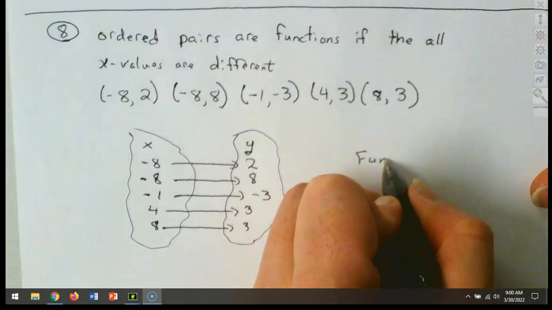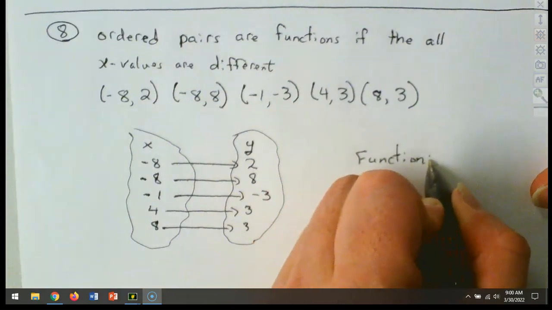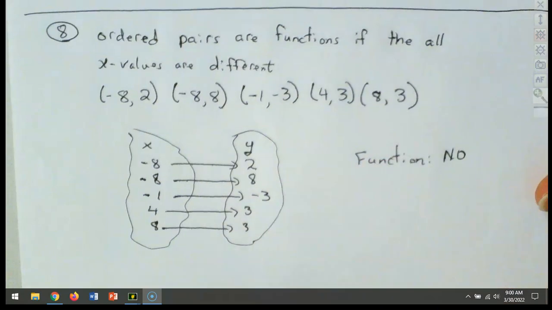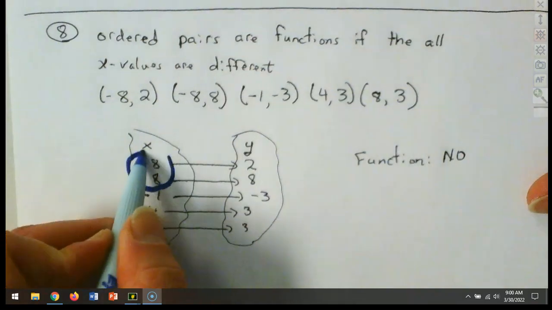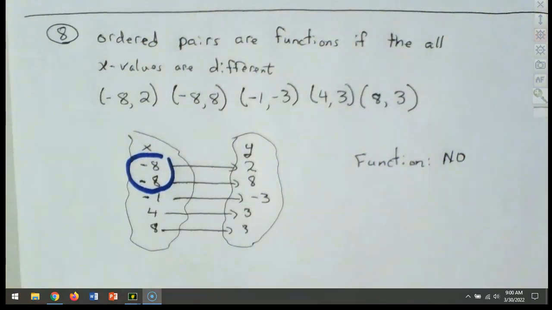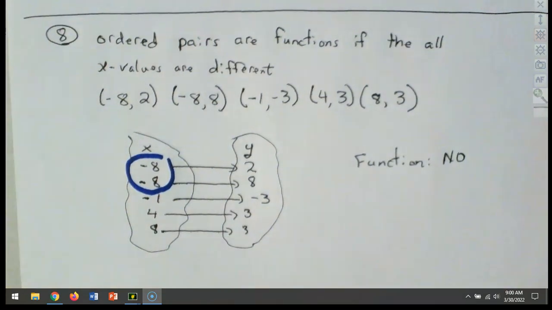Can someone tell me if this is a function or not? Yep, it's clearly not a function. Why is it clearly not a function? Yep, we have a duplicate x value right here, and we can't have that because that would fail the vertical line test. If I drew those points, they'd be on top of each other. So we can see clearly from our mapping that it's not a function.